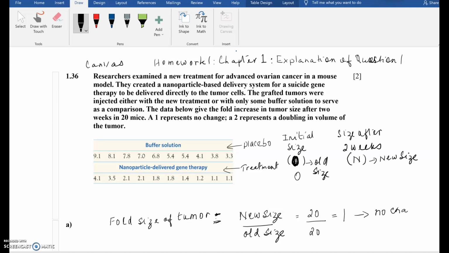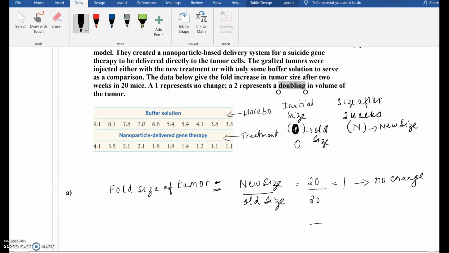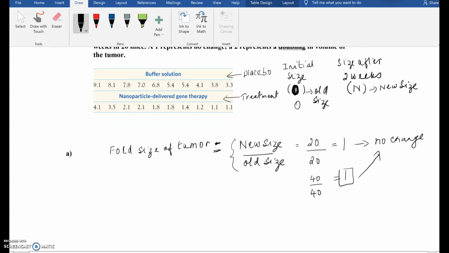So the only way we can get a 1 in this case is when the new size is equal to the old size. So suppose the old tumor was 40. If we want a 1 as the ratio, so the ratio is this fraction, then the new size would have to be 40. So a ratio of 1 would mean that the size of the tumor has not changed.